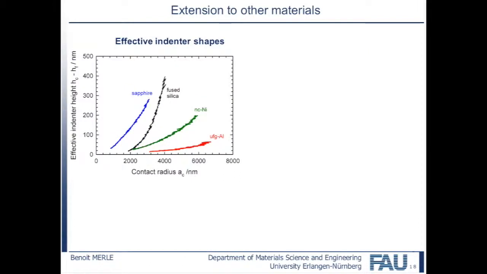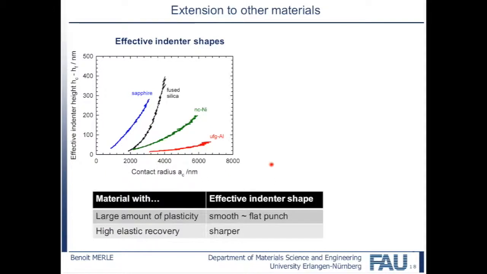So of course, we calculated the shapes of the corresponding effective indenters. They can be extrapolated to 0 as previously. And what we can see is that clearly the larger the amount of plasticity in the material, as for UFG aluminum, for instance, the smoother the shape of the effective indenter is.